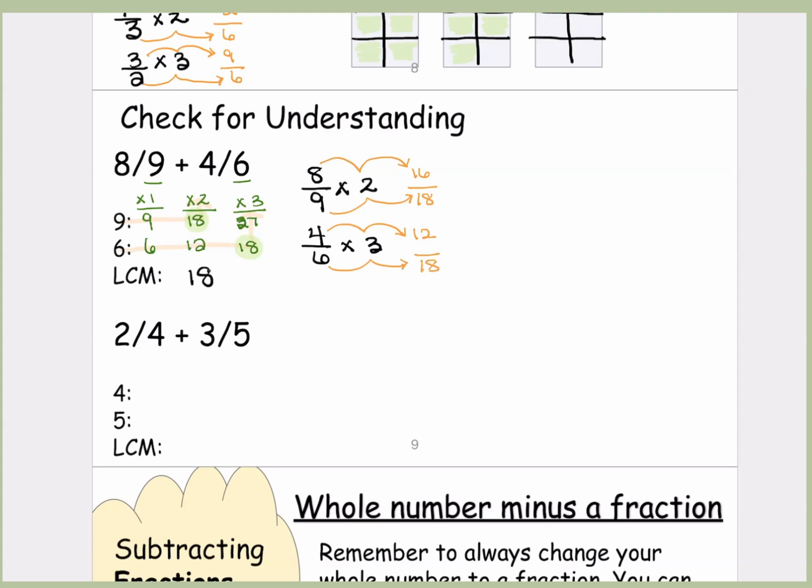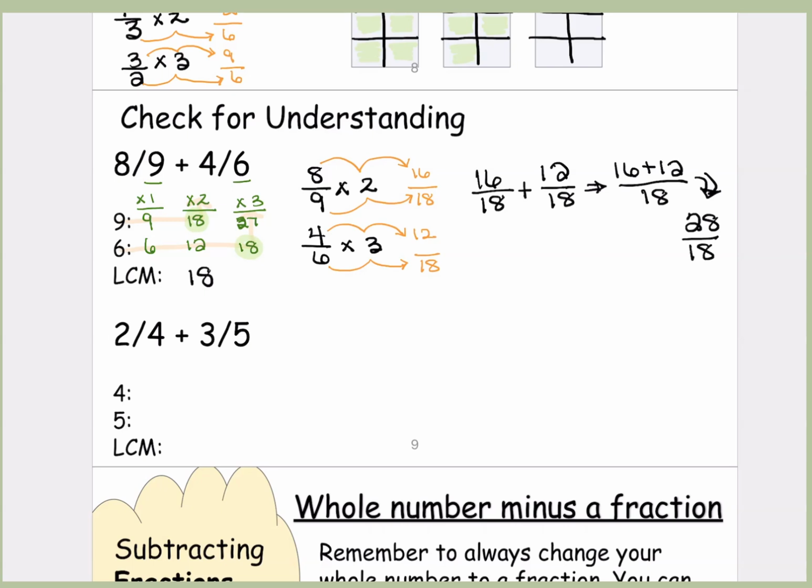So now that our denominators are the same, we add 16 over 18 plus 12 over 18. That gives us an in-between step or an intermediate step of 16 plus 12 over 18, which we know to be 28 over 18.